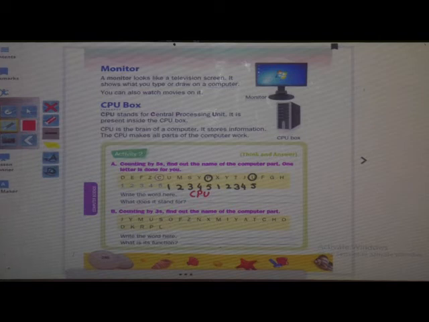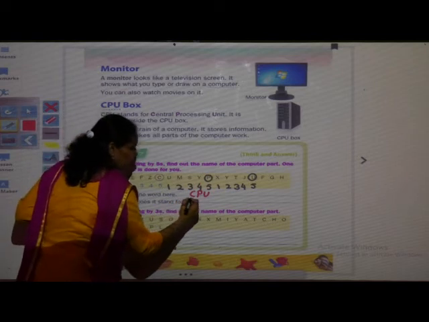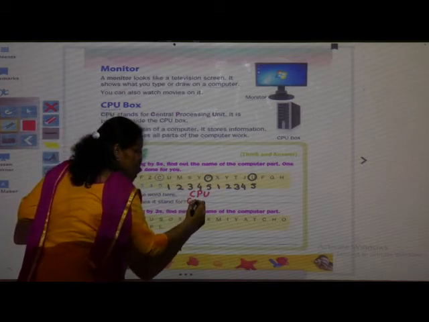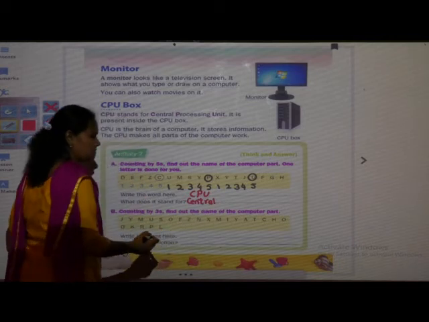What does it stand for? CPU stands for Central Processing Unit. So, you have to write here Central, capital C-E-N-T-R-A-L, central.